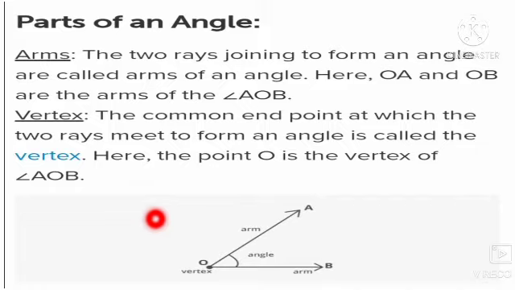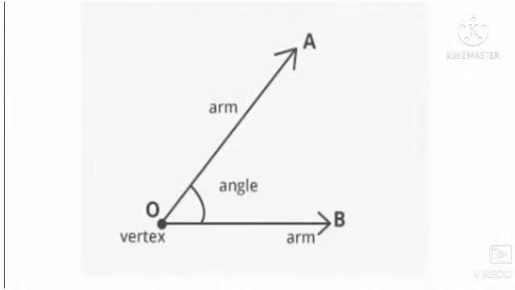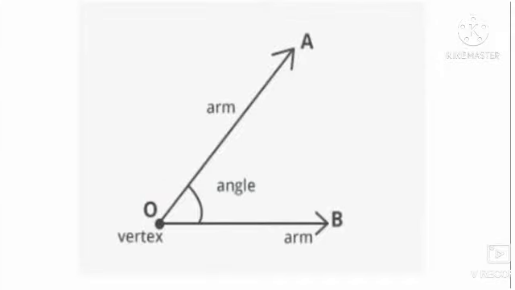Here the point O is the vertex of angle AOB. Once again children, listen. Here angle AOB. The two rays OA and OB are said to be arms of an angle, and the common fixed point which connects the two arms is called the vertex.